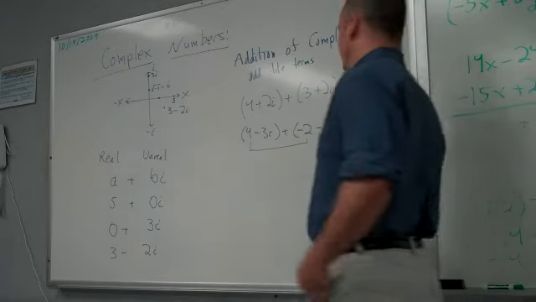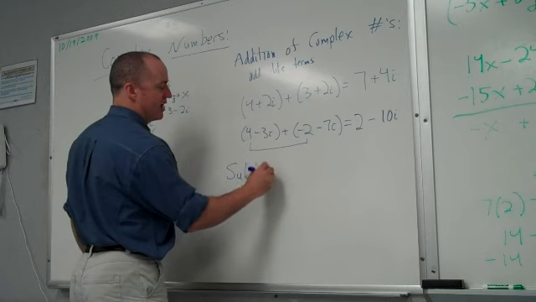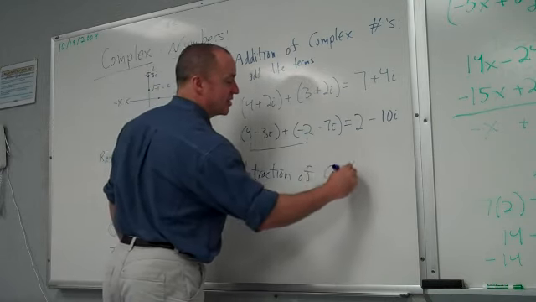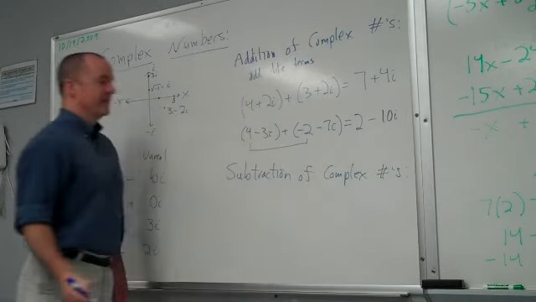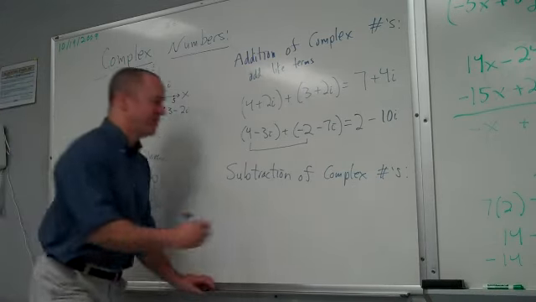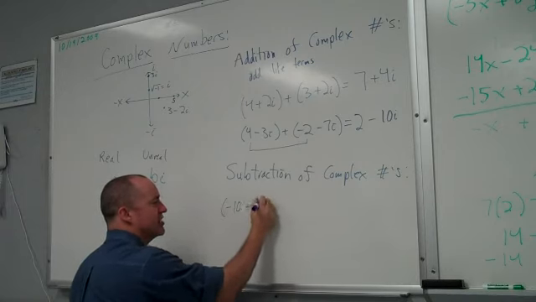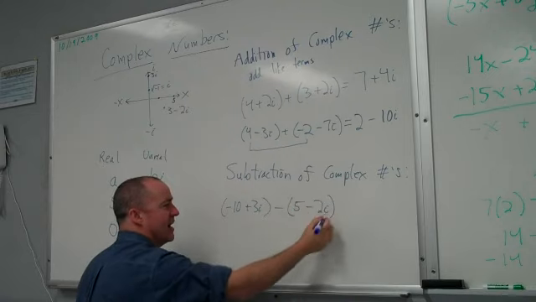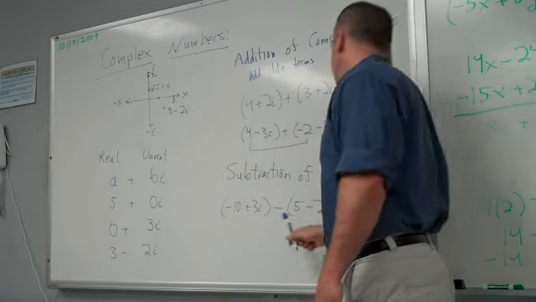Hell no. All right. Subtraction of complex numbers. Take a wild guess on how this works. Subtract like terms. Basically the same way. Once again, keep track of your signs. The only thing that can trip you up on this one is if I give you something like negative 10 plus 3i minus 5 minus 2i. So what's negative 10 minus 5?